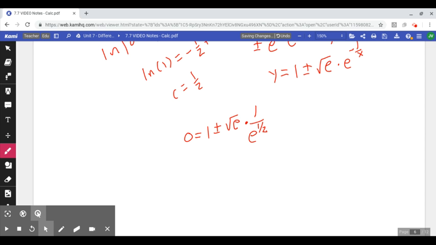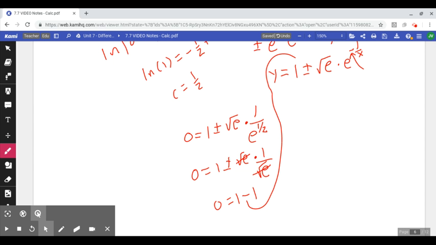We're going to take that negative exponent that we saw right here, and move that base and the exponent down to the bottom of the fraction. This will be 0 then, 1 plus or minus the square root of e times 1 over the square root of e, and those will cancel, and we'll be left with 0 is equal to 1, and of course we want to put a minus sign here because that's 1 minus 1. So that tells us which symbol to use here when we write our final answer.